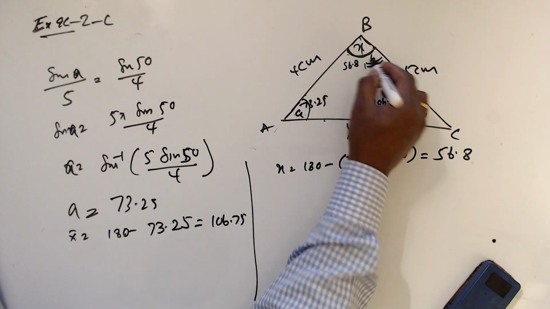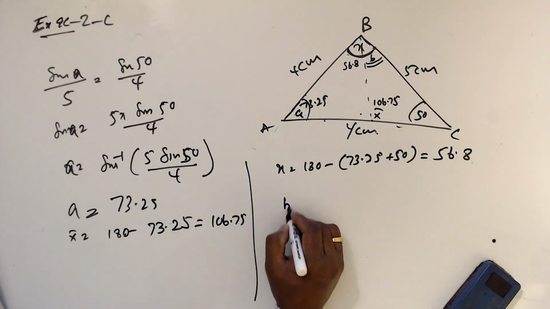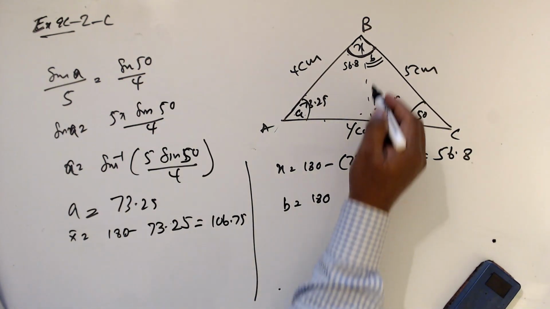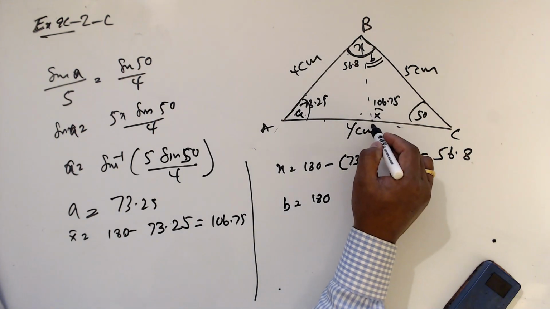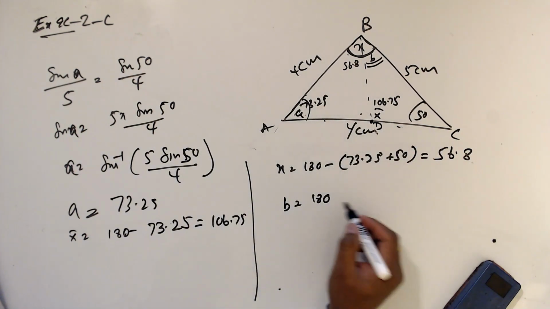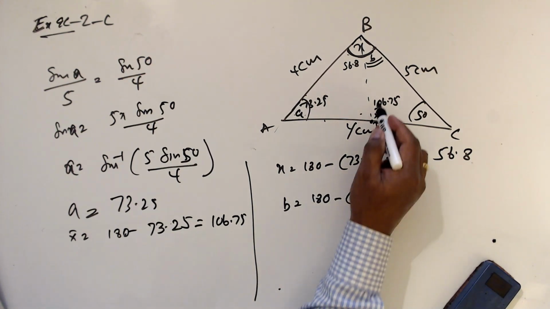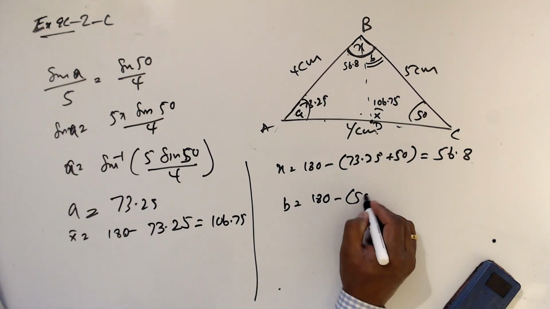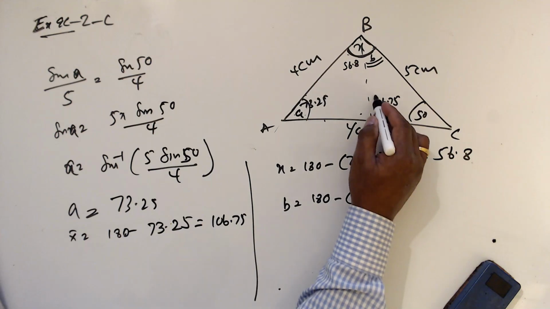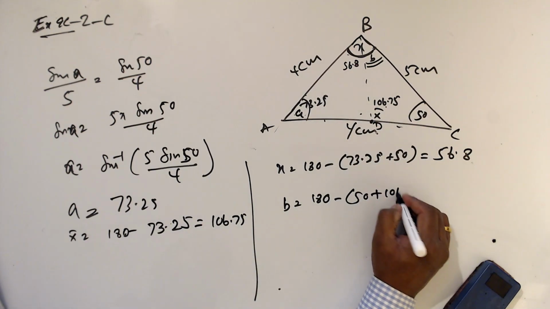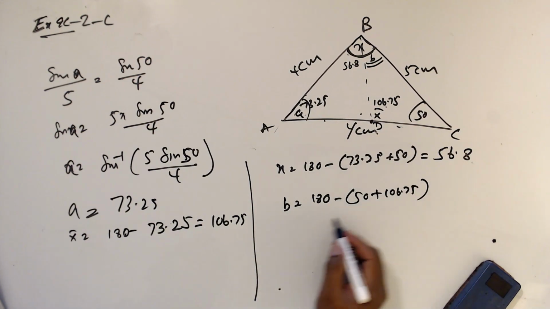Let's say it is B. Then B equals 180. This is the triangle, I'll put this point as D. So 180 minus 50 minus this one, 106.75.